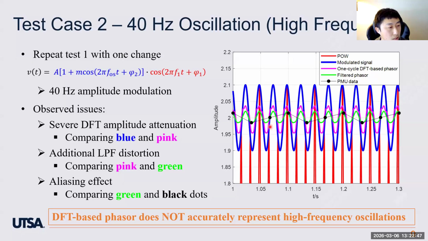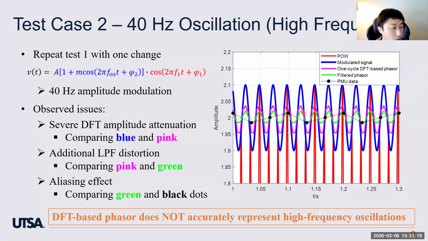And further, we can also take a quick look at the following process to verify the impact from the later blocks of the PMU process. So if you go from the output from DFT, the second low-pass filter will generate the result shown as the green curve. So you can also clearly see a difference between the pink curve and the green curve. That distortion is caused by the second low-pass filter.